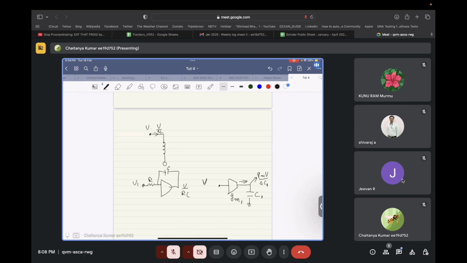So the voltage you get over here is GM times V by SC1. This is how you get a voltage that is inversely proportional to frequency, through an integrator. So this is also an integrator, and the op-amp one is called an active RC integrator.